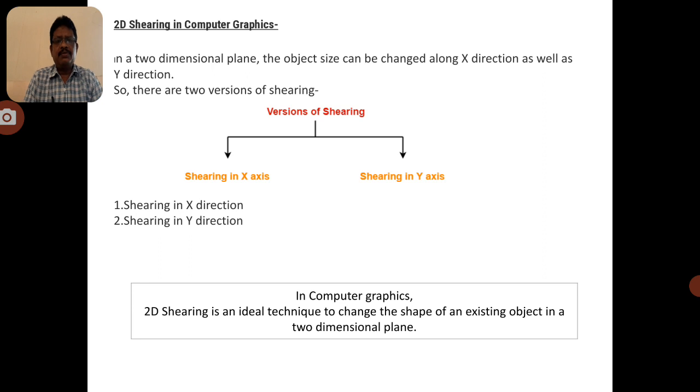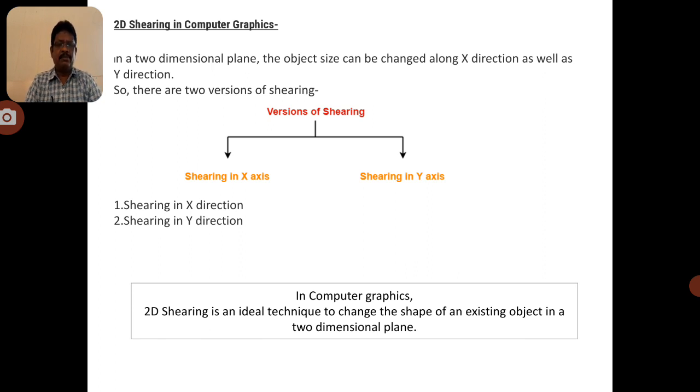In the previous four concepts, whether it is translation, rotation, reflection, or scaling, the object's shape may not be changed.